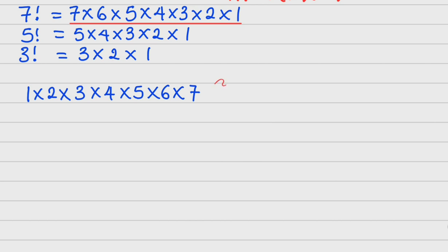Now what is left for us will be from the other two, which is 5 factorial and 3 factorial, where I'm going to have 5 times 4 times 3 times 2 times 3 times 2. If you see, I didn't include this one and I never included this one.